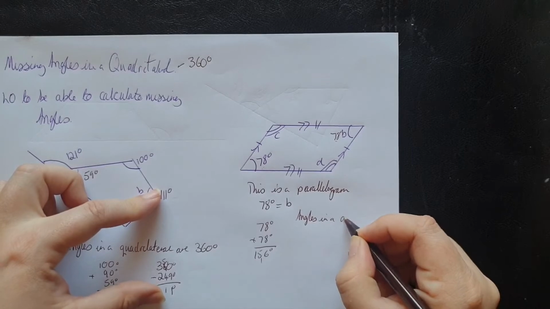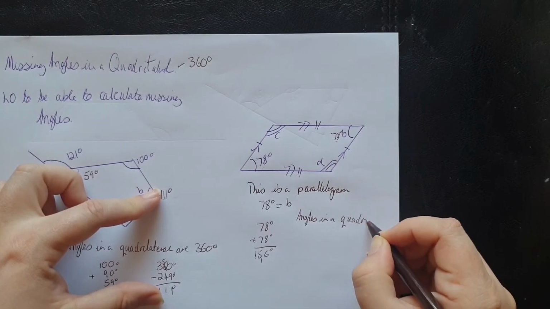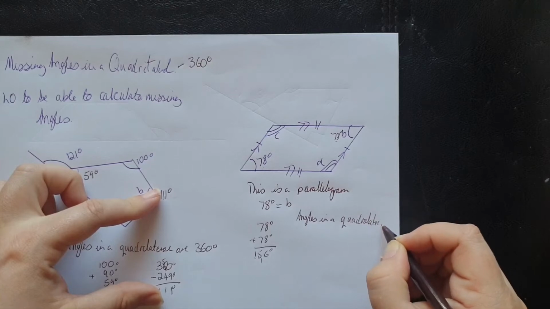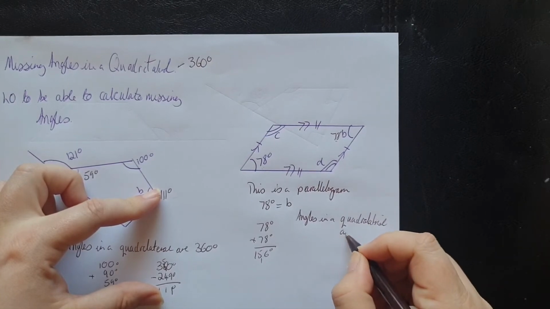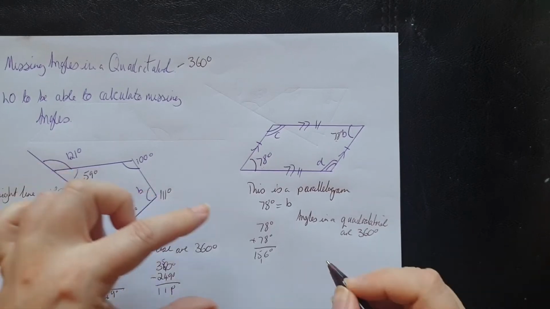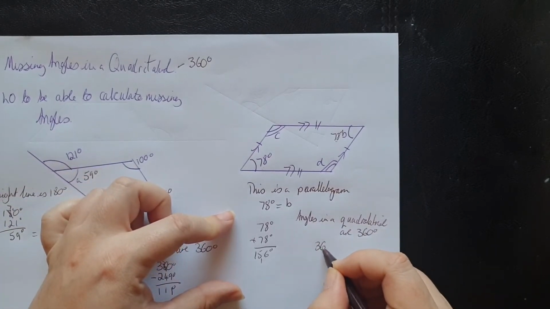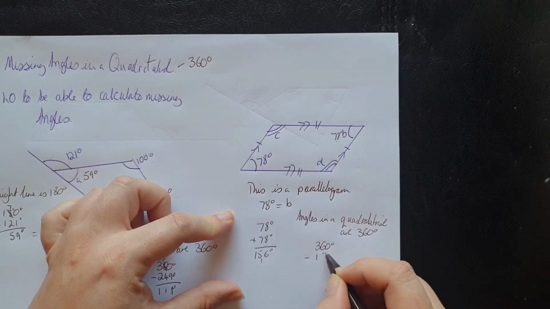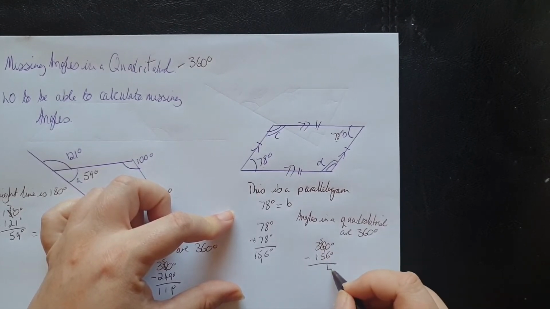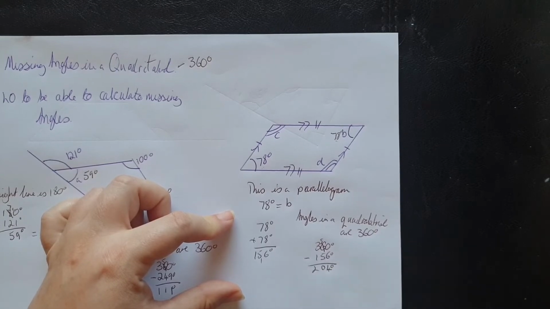We know that angles in a quadrilateral add up to 360 degrees, therefore 360 degrees minus 156 degrees gives us 204 degrees.